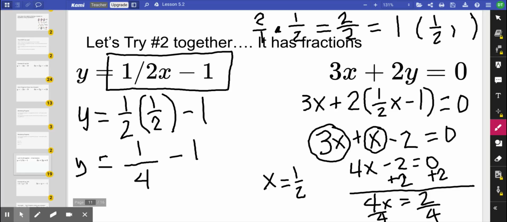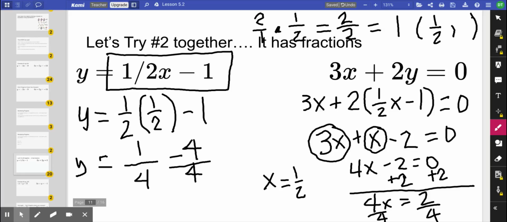So if we think about a whole in terms of fourths, if I have 4 on the bottom and I'm equal to 1, I have to have 4 on the top, which means I have negative 4/4. That's the same as negative 1.